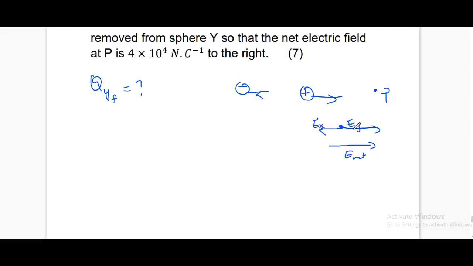This EY will be due to the new charge after the electrons are removed. If we choose to the right as positive, E net will be EY minus EX, you see.